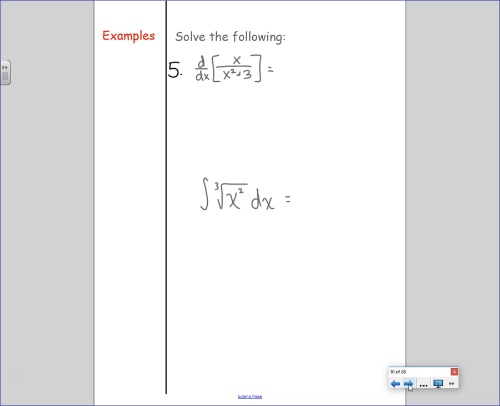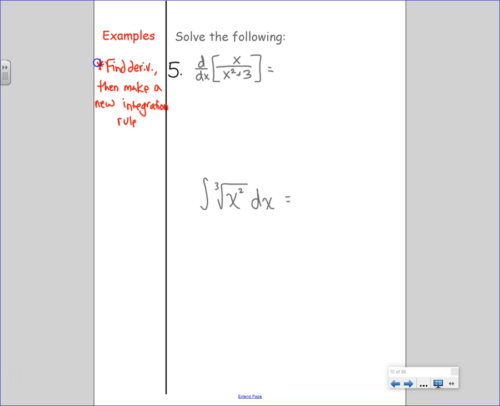Why? Because for number 5's direction, I think you guys might have something in homework, it wants us to find the derivative, then make a new integration rule from it.